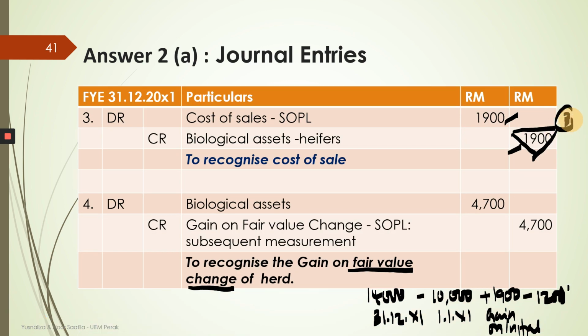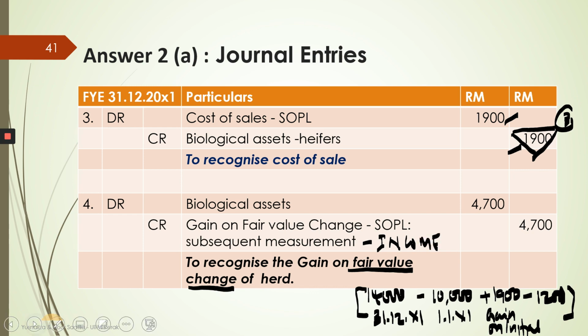If you do that, you will get 4,700. That is the gain on fair value change, and this is the one that will be shown in the income section. So that was for the gain. If you get a loss, you will have to do the reverse journal entry. So those are the gain on fair value change for the change in the biological asset, and there's another one, gain on initial recognition.